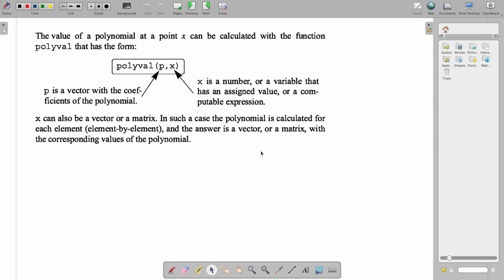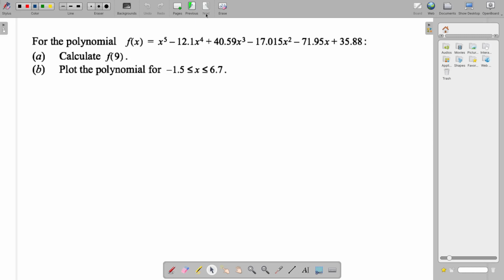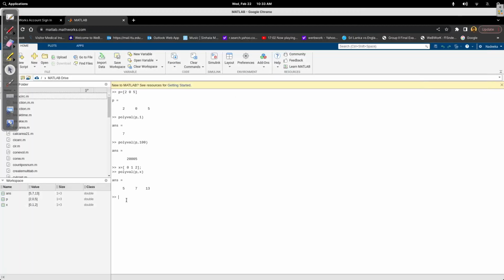Now we can use this to graph a polynomial. For this polynomial, calculate f(9) and plot the polynomial between these two values. First I will have to write my polynomial. I'll clear the screen first. I use p, and I can use any letter here.